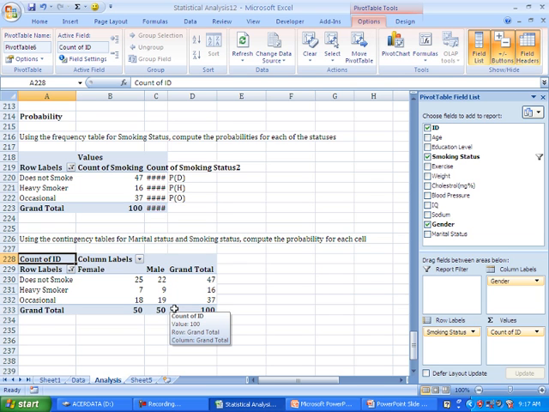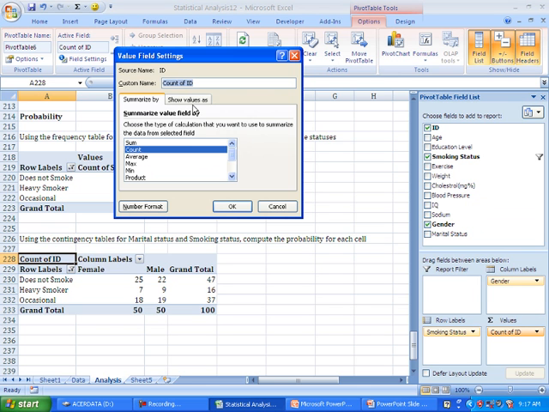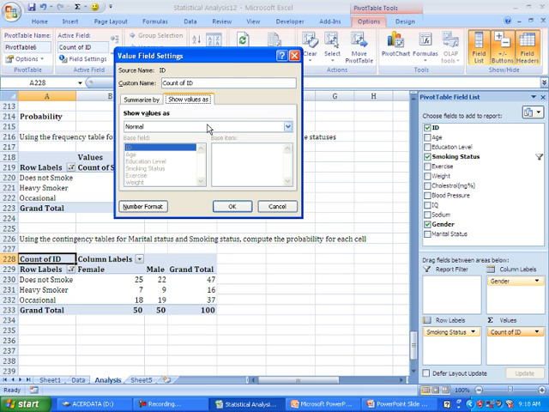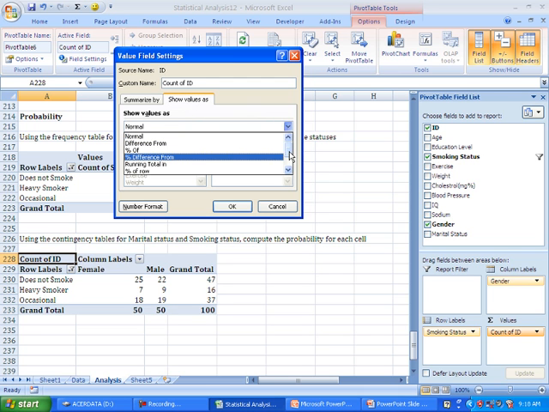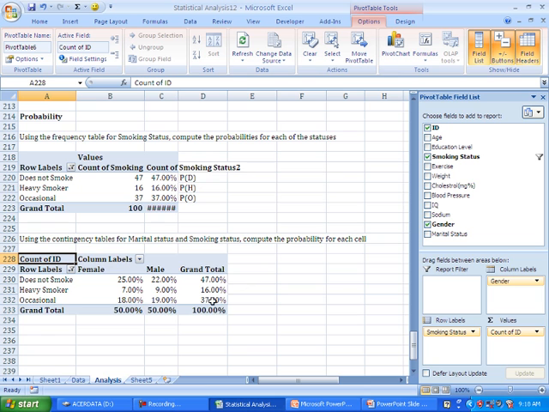In the frequency distribution we got something like this, but the same frequency distribution I can show in percentage form. So I'll go to value field settings, show values as, and I'll say percentage of the total. Alright, so what does this mean to me? There is a 7% chance that a female is a heavy smoker, that the person whom I am selecting is a female and also a heavy smoker.